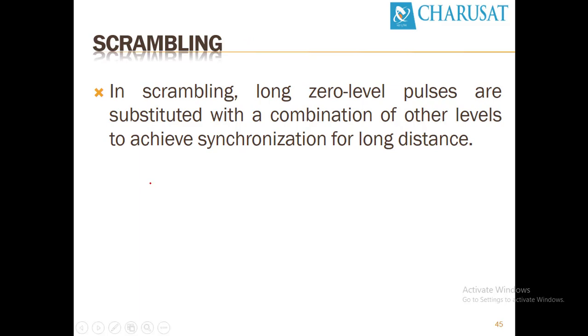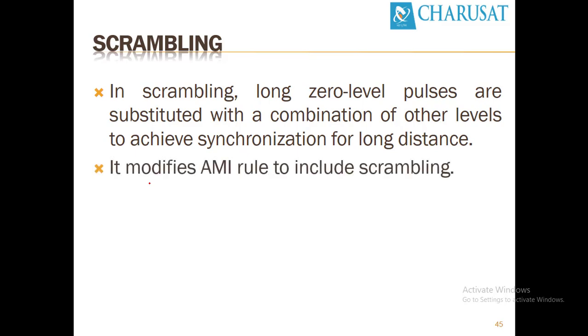The scrambling method provides a solution for long zeros. If the input stream has long zeros, they will be replaced by a substitute combination of zeros and ones, or positive and negative, in such a way that it won't have a DC component or baseline wandering. It modifies the AMI rule to include scrambling.